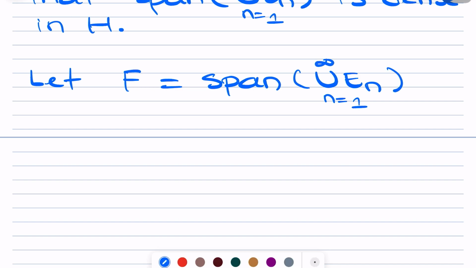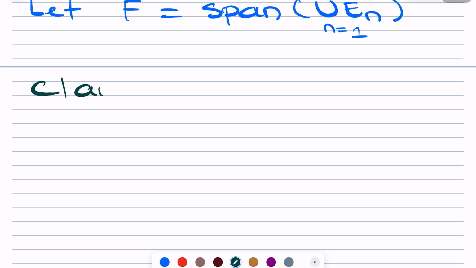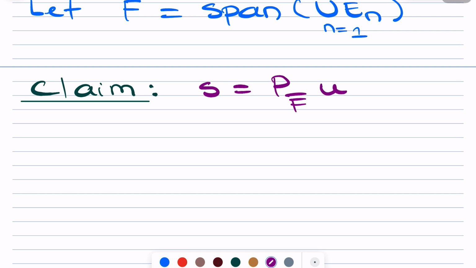Our claim is that the limit S is exactly the projection of u onto the closure of F. We call this relation 26. So how does this hold?